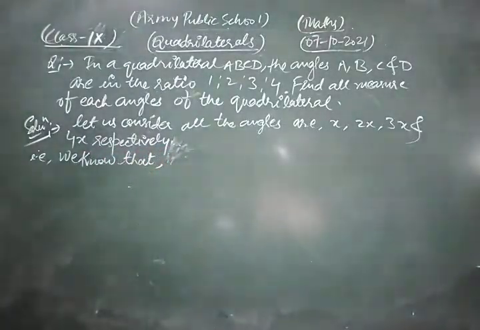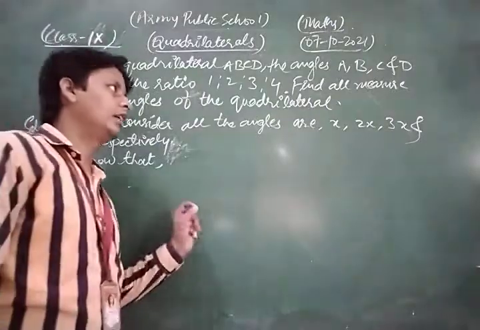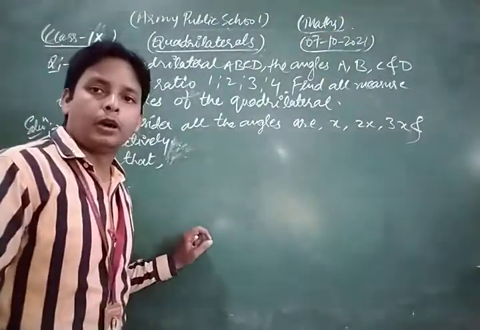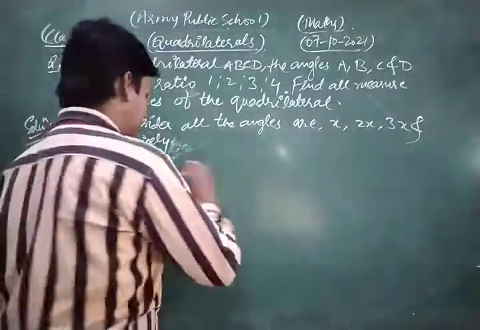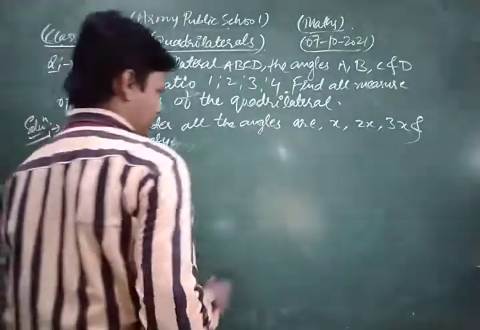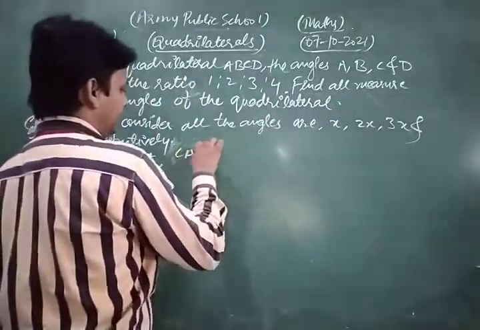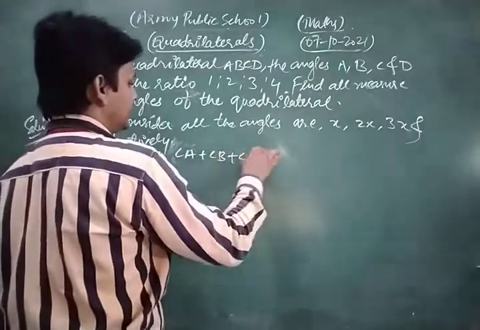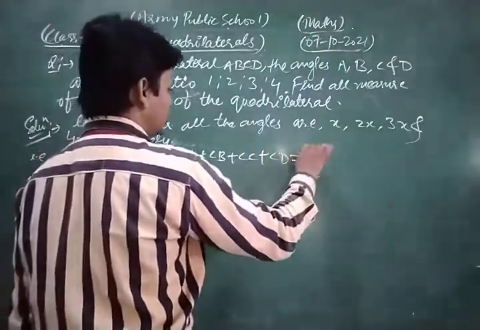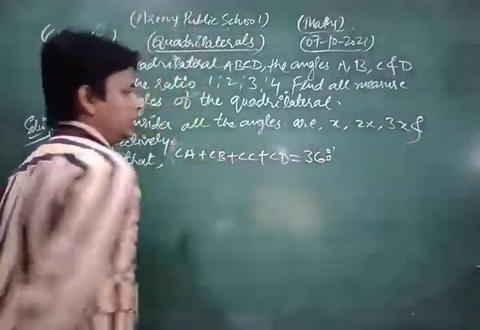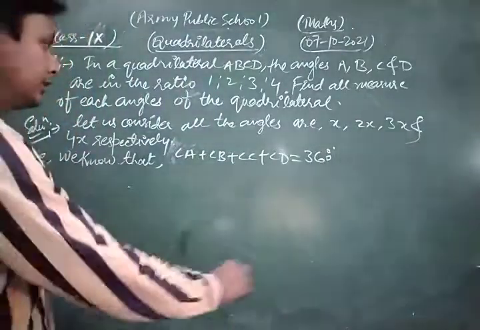We know that the sum of all angles of a triangle is 180, and of a quadrilateral 360. We know that angle A plus angle B plus angle C plus angle D is equal to 360 degrees. Now we put all the values.